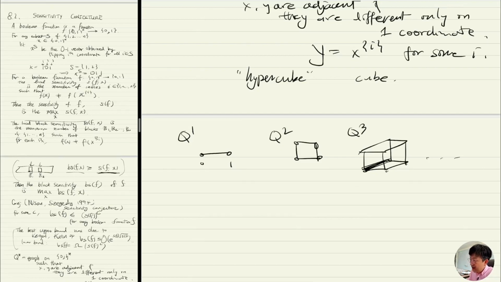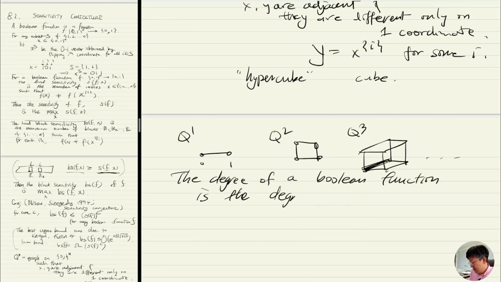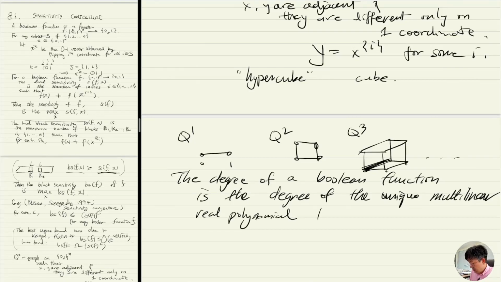Now, the degree of a Boolean function is the degree of the unique multilinear real polynomial representing f.